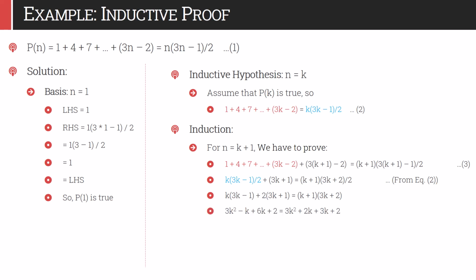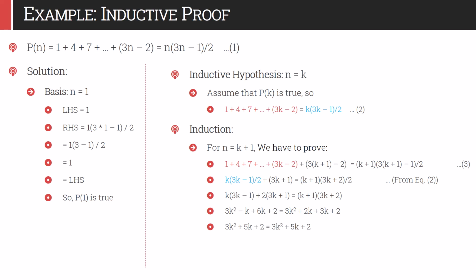Let us simplify it. Multiplying k inside, we get 3k² - k, and multiplying 2 inside gives 6k + 2. In the same way on right hand side, multiplying k inside first gives 3k² + 2k, and then multiplying by 1 gives 3k + 2. Further simplifying, we get 3k² + 5k + 2 on left hand side, and on right hand side also we have 3k² + 5k + 2.